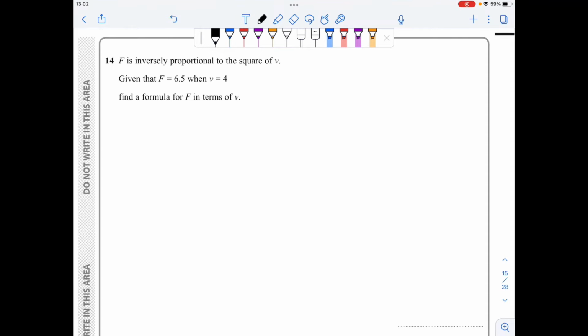For question 14, if I put the first sentence into mathematical symbols, then it looks like this. This reads proportional to. Now I can convert this into an equation by saying f equals k over v squared, where k is the constant of proportionality. I can find this by substituting these values in.